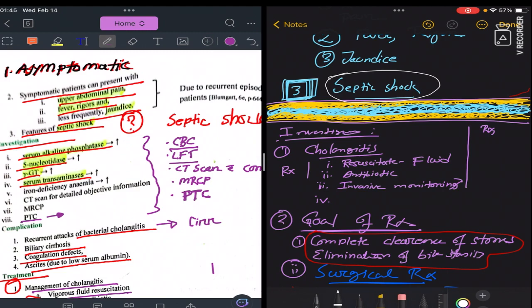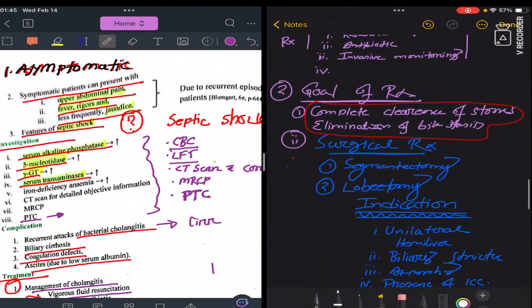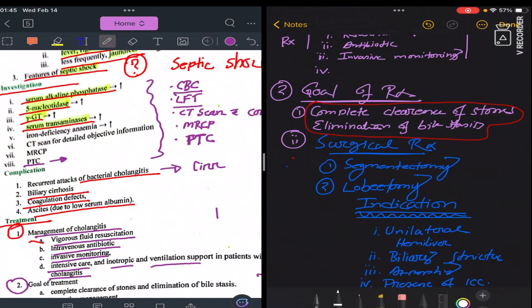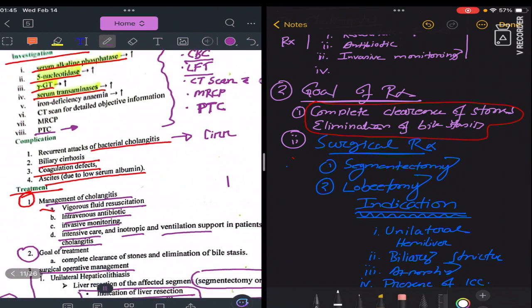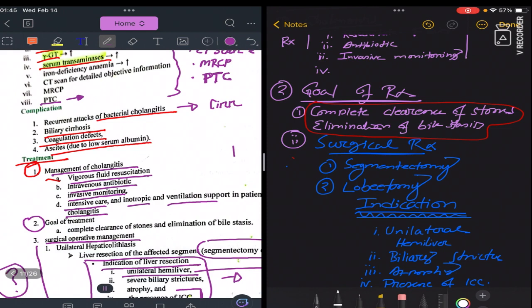And now we have to go for treatment. Our treatment depends on the management of cholangitis. Our goal of treatment is complete clearance of the stone and elimination of bile stasis.